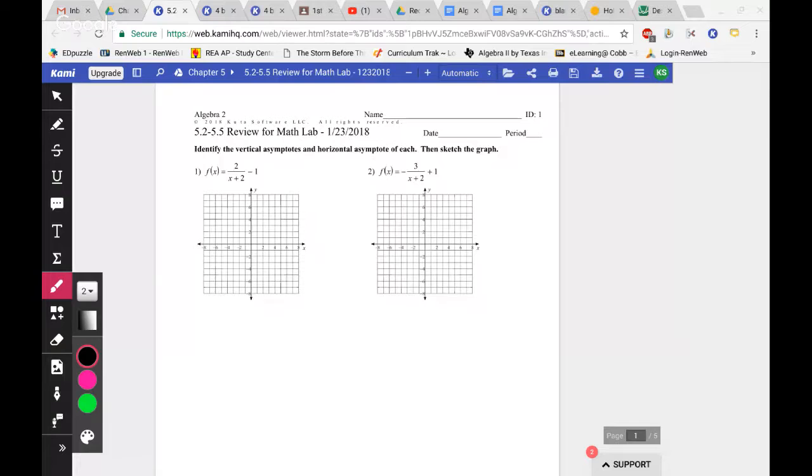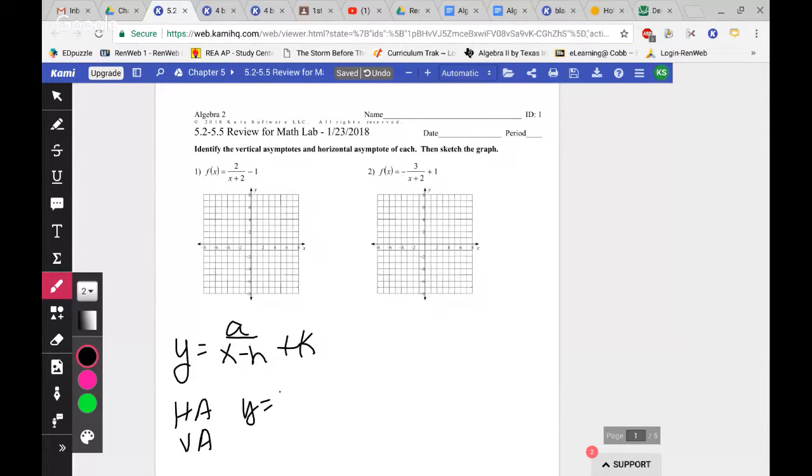So on those, what we talked about in class, we had this particular formula where the horizontal asymptote and the vertical asymptote, where the horizontal was the y equals k and the vertical was x equals h.